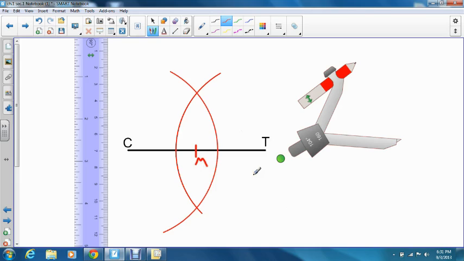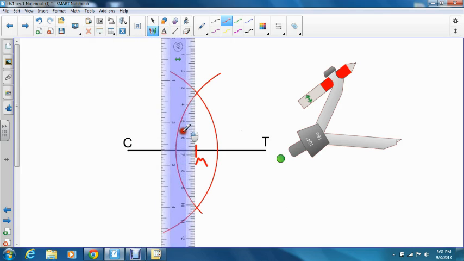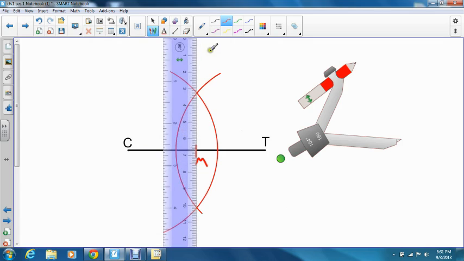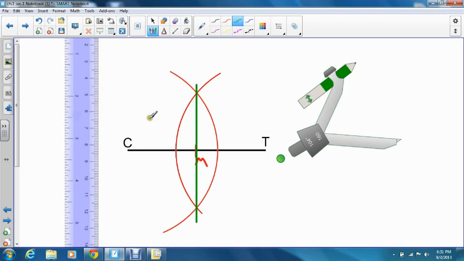Now, this same construction can be used to do the exact same thing, except I can draw a segment that goes through that midpoint. And now this green segment here is my perpendicular bisector. And I'll write that out here for you.